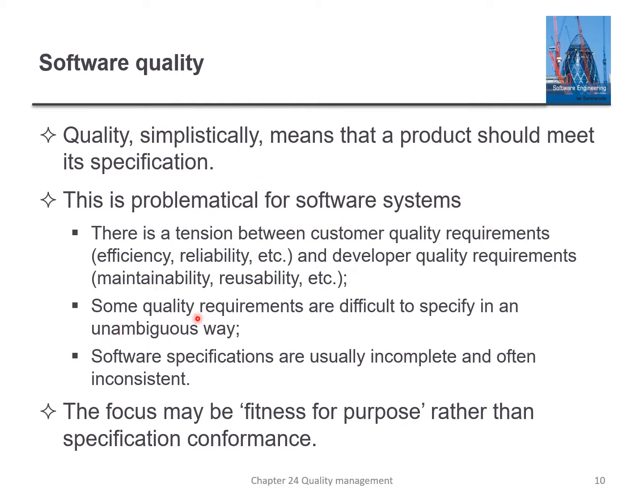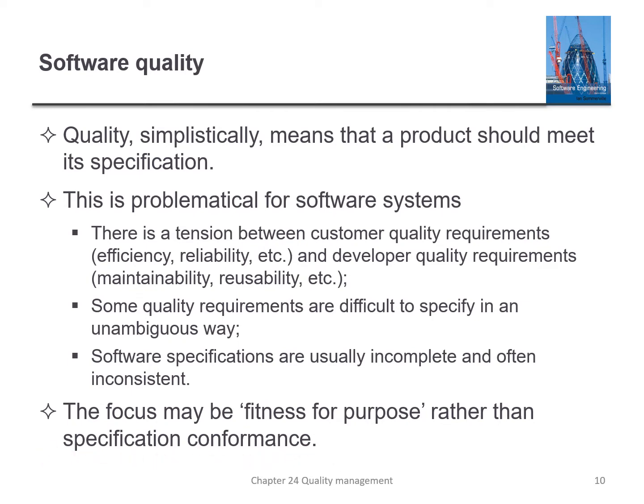So it's hard to satisfy the requirement because it has different meaning from the perspective of the customer and the developer. Okay, so when you are trying to achieve quality software, the focus is more on trying to achieve fitness for purpose, rather than specification conformance.